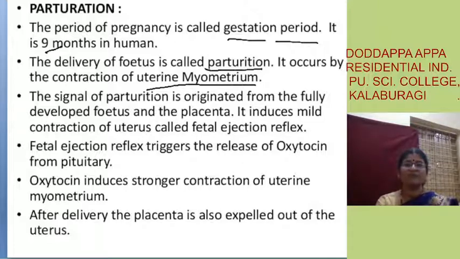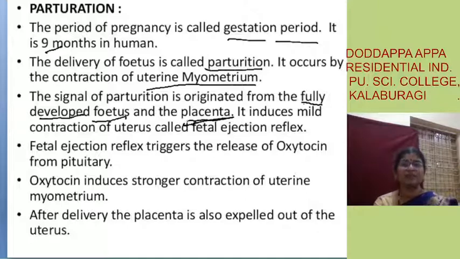The signal for the parturition is originated from the fully developed fetus. It is an MCQ question. If the fetus is not fully developed, then it will not give any signal for the parturition. And the placenta. So the signal for the parturition comes from the fully developed fetus and the placenta.